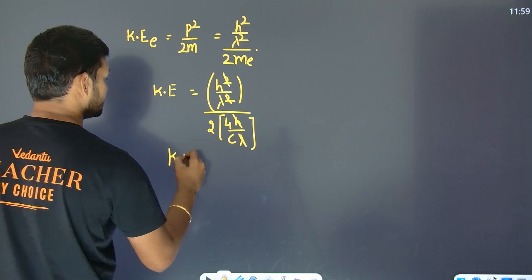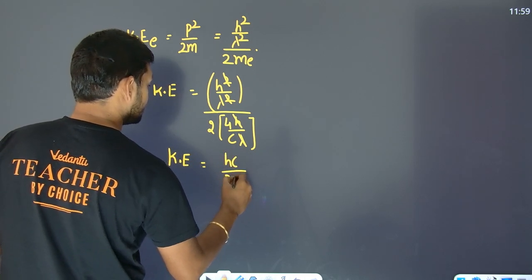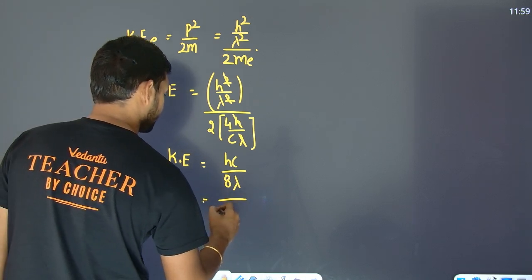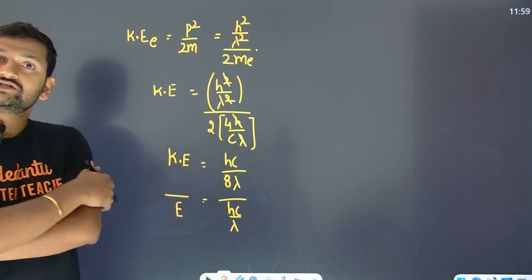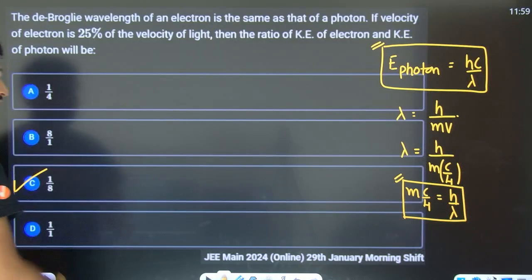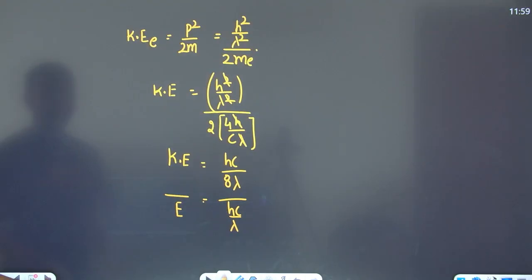So the kinetic energy of the electron is hc by 8 lambda. And what is the energy of the photon? It is hc by lambda. Now look at the ratio. Is it 1 is to 8 or not? Yes. So the ratio is 1:8.